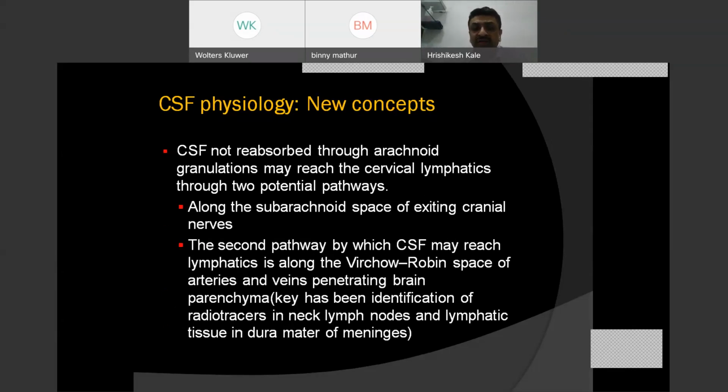So now the current thought is that there is also CSF reabsorption along the subarachnoid spaces of the exiting cranial nerves, as well as along the venous portion of the Virchow-Robin space of the arteries and veins, which can then drain to the dura, which covers the dural venous sinuses. So they are basically going back.